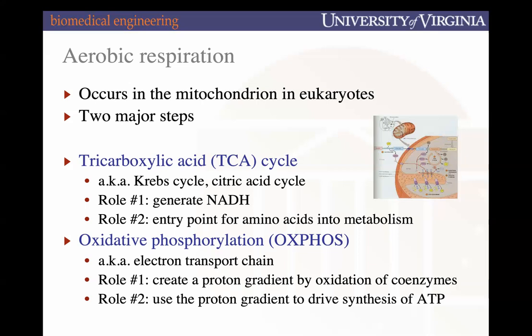One of the key roles of the TCA cycle is the production of our reducing equivalent NADH, as well as there being different points at which amino acids can be plugged into metabolism to generate ATP.